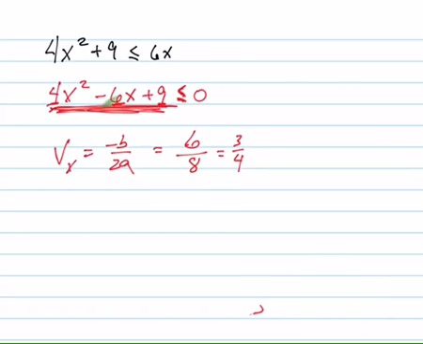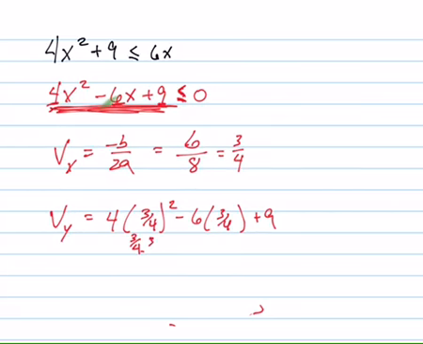And the y coordinate of the vertex, if I plug it in, is going to be equal to 4 times 3/4 squared minus 6 times 3/4 plus 9. So that equals one of these 4s. This is 3/4 times 3/4. So one of those 4s is going to cancel.